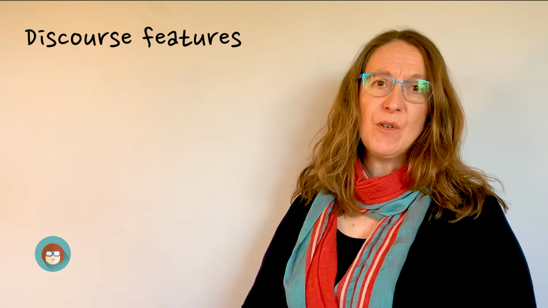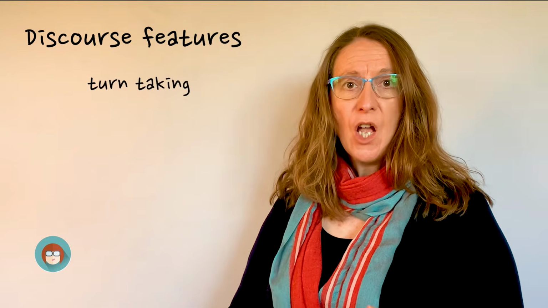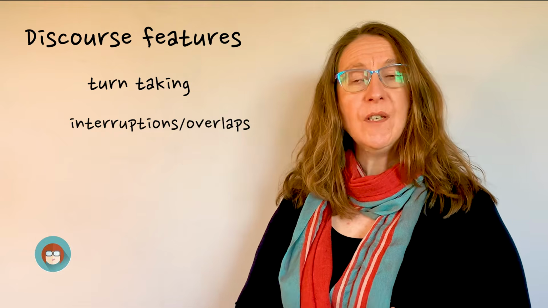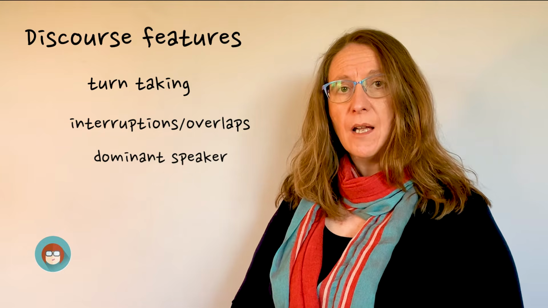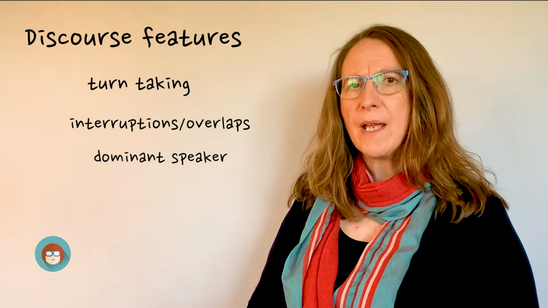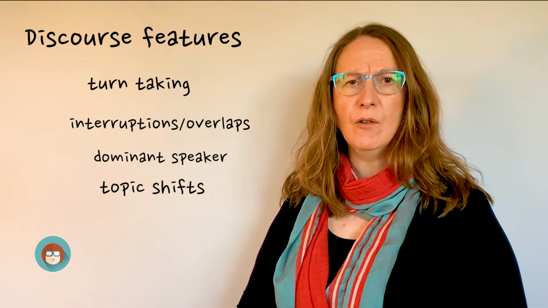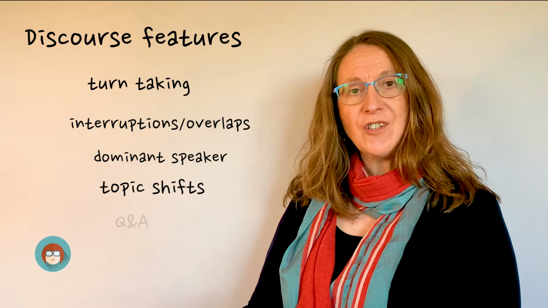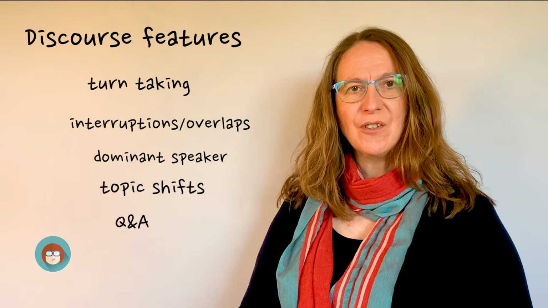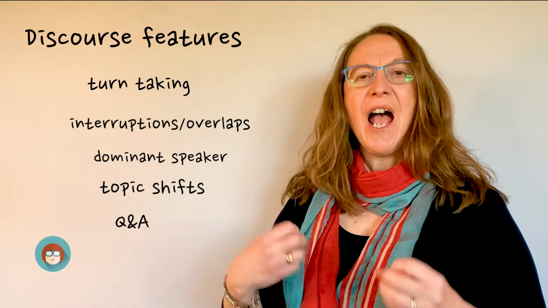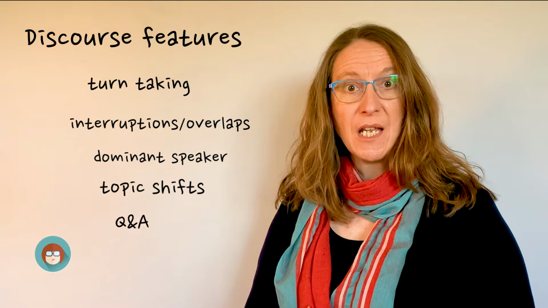So in this section, I would definitely consider turn taking, and look at any interruptions or overlaps. I would look at who is the dominant speaker and who is controlling the topics, who shifts the topic on to a new topic, who is doing the questioning, who is doing the answers. So this is all about looking at the shape of the discourse and the relationship between the different speakers.